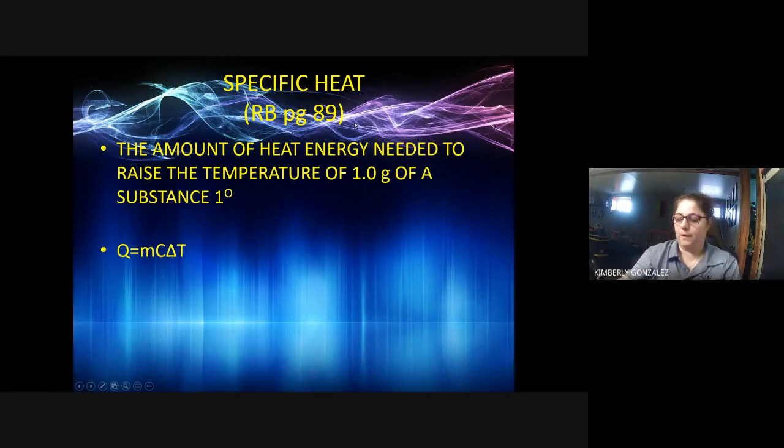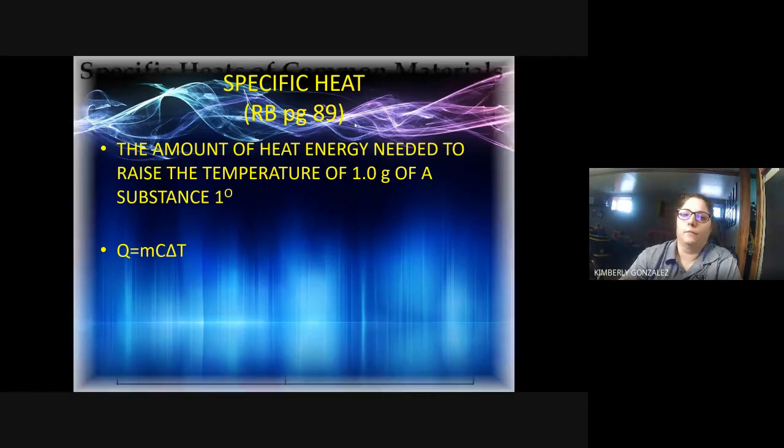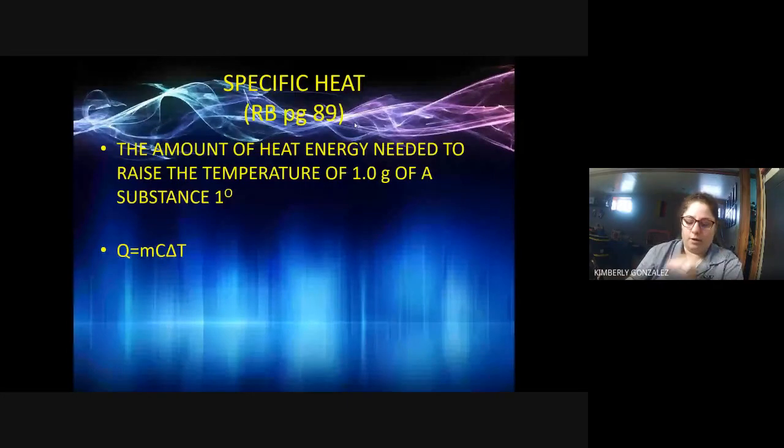Where Q stands for heat, m is the mass, and c is what's known as the specific heat capacity.